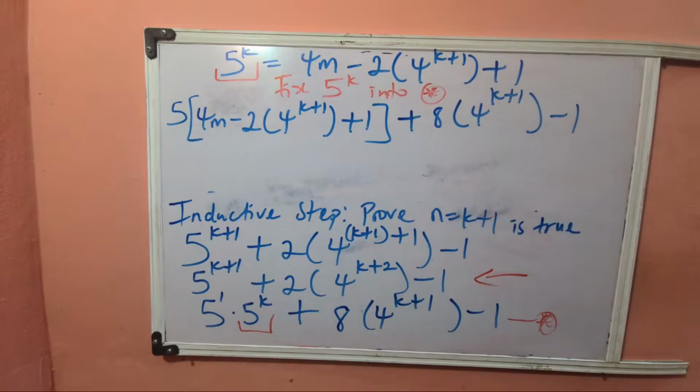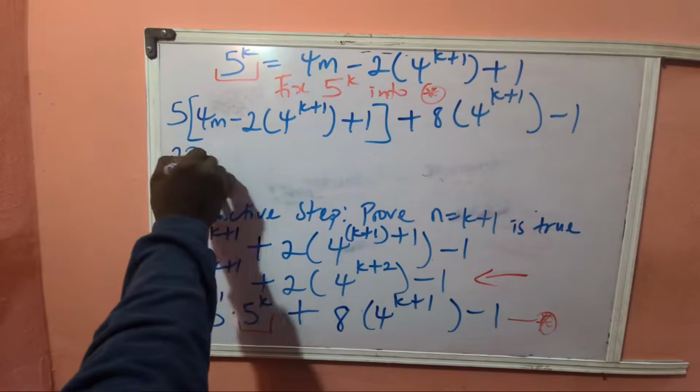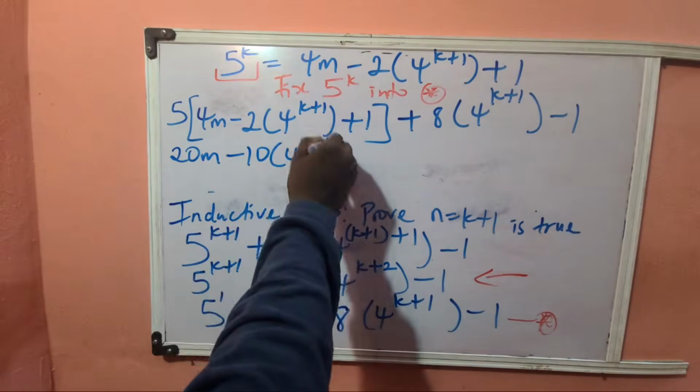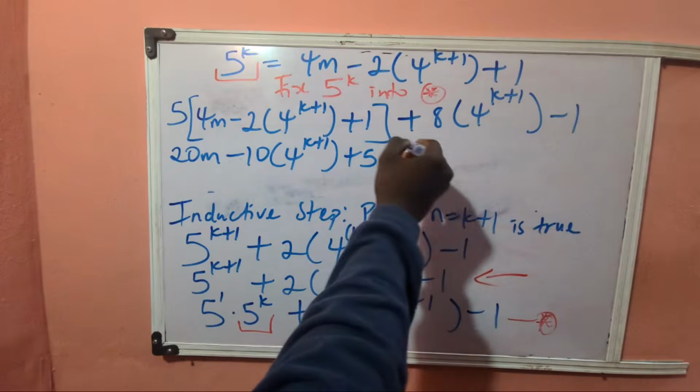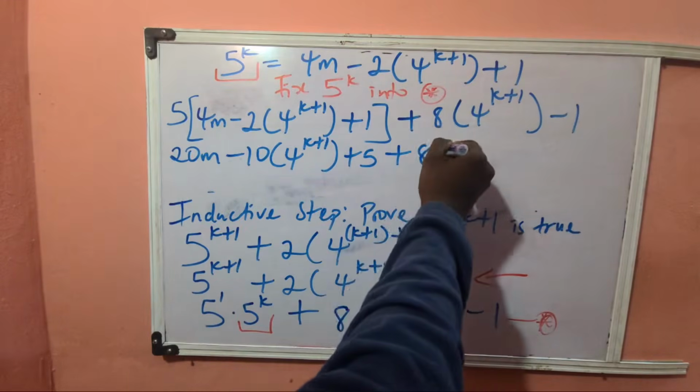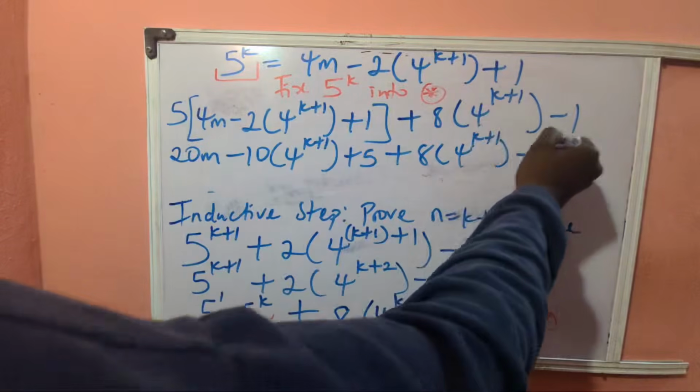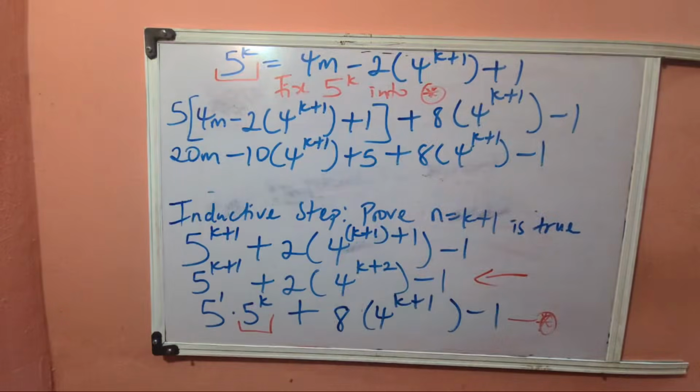You can see that if we decide to open this bracket, this will be 20m. We're opening this bracket now. This will be 20m minus 10 into 4k plus 1, then plus 5, then plus 8 into bracket 4k plus 1 minus 1. So I'm sure you can see something. And if you can't see, let me try and open your eyes to see it. Look at what we have here.